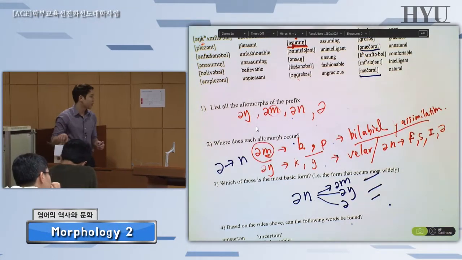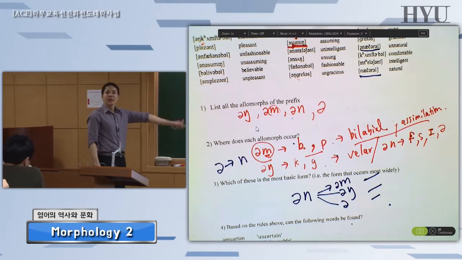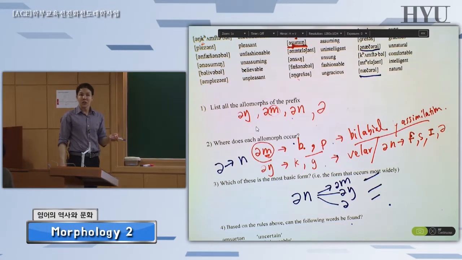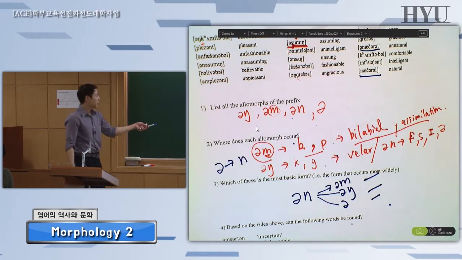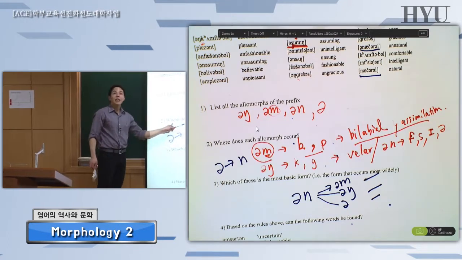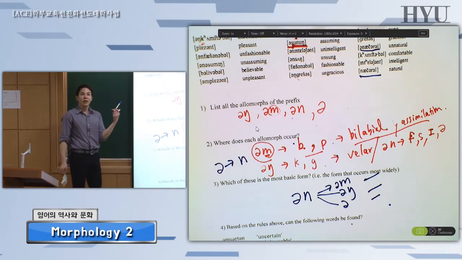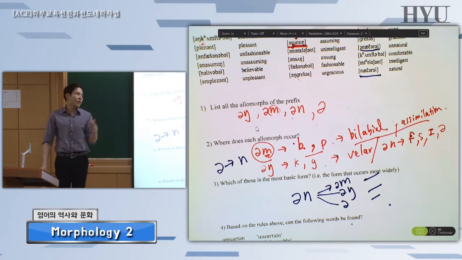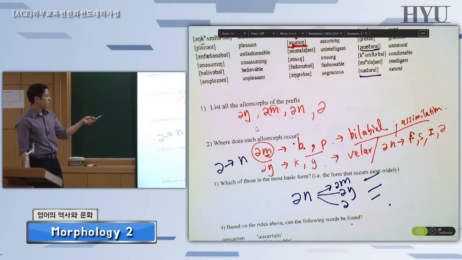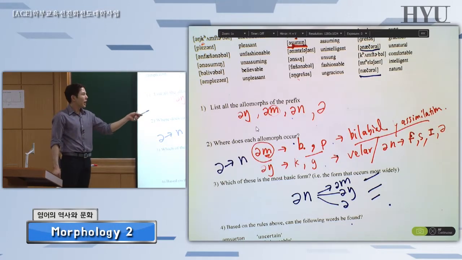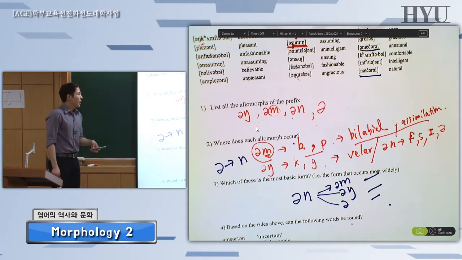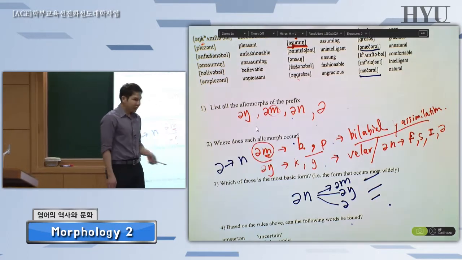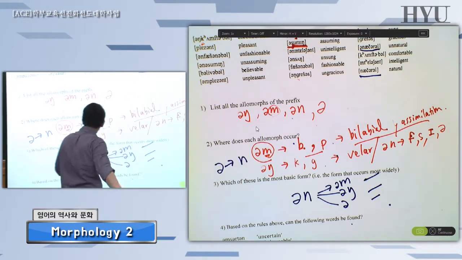So again, this has to do with phonological processes, right? Assimilation, or this one deletion, because the two Ns are the same. Why do we pronounce both, right? Just one is enough. And the schwa N is the most basic.